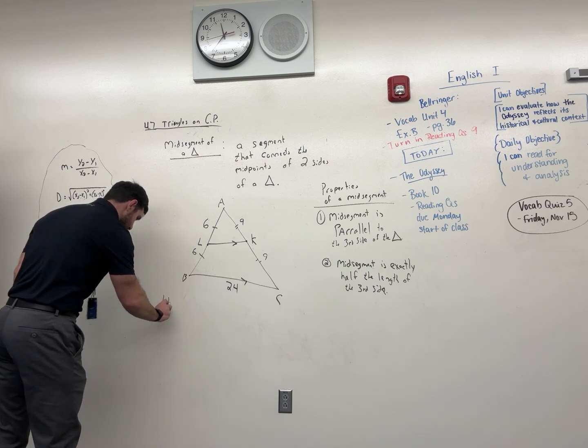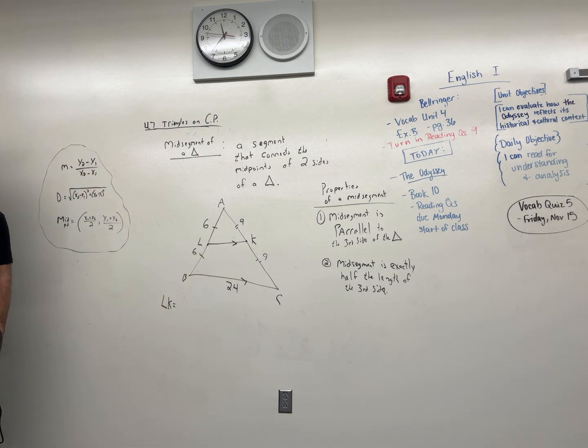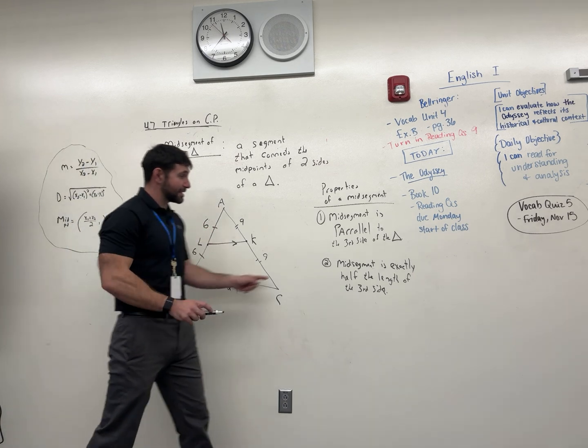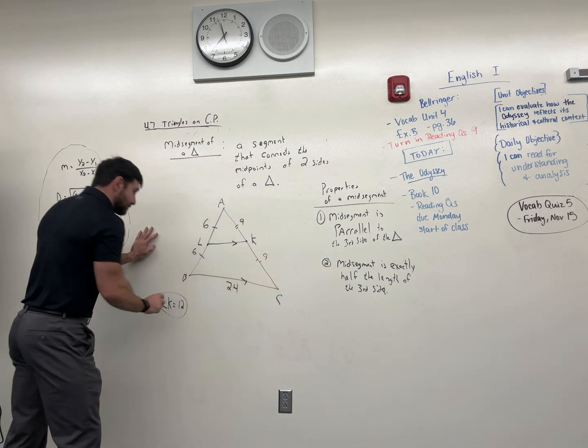So then, what's the distance of LK? It is 12. The mid-segment is exactly half the length of the third side.